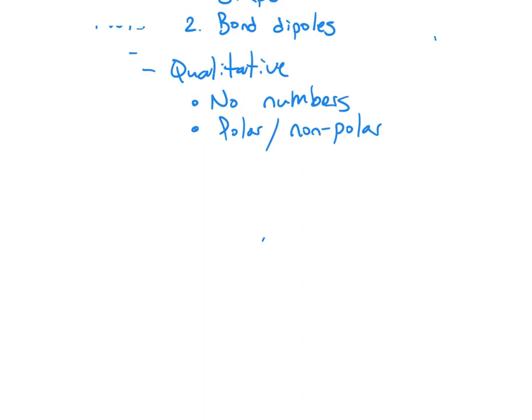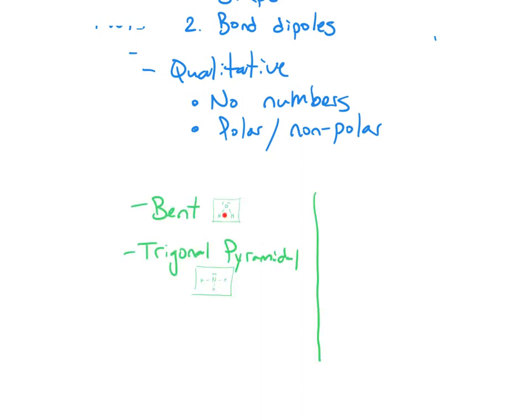Those shapes are bent and trigonal pyramidal. You'll realize right away that these 2 molecular shapes both have a pair of electrons on the central atom. Bent has 2 pairs of electrons, trigonal pyramidal has 1 pair of electrons. And these structures will always result in polar molecules.